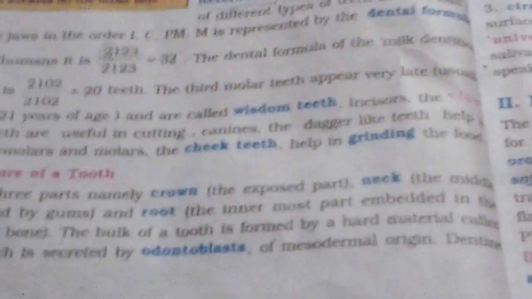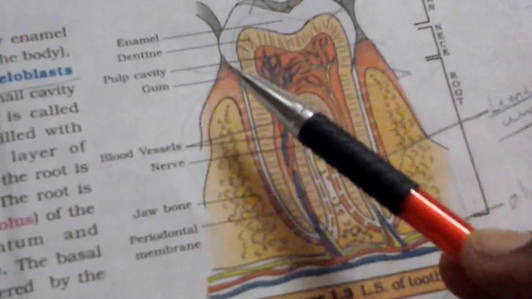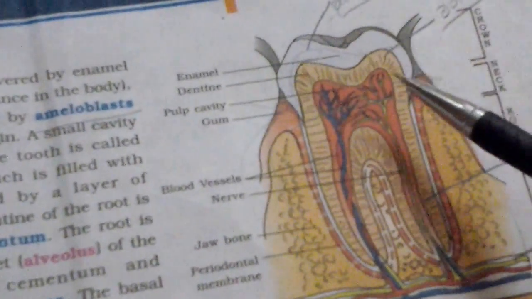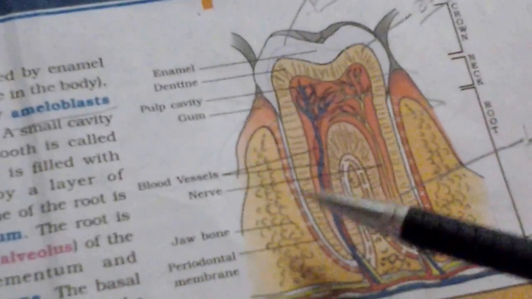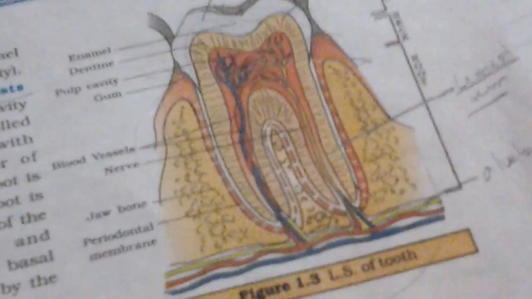And we've discussed wisdom teeth and the molars and premolars, which are used for grinding. We've also discussed the crown, the root, and the different layers of the tooth: the enamel, which is made up of the ameloblasts, and the dentine, which is made up of the odontoblasts. The root is fixed in the region called the alveolus.